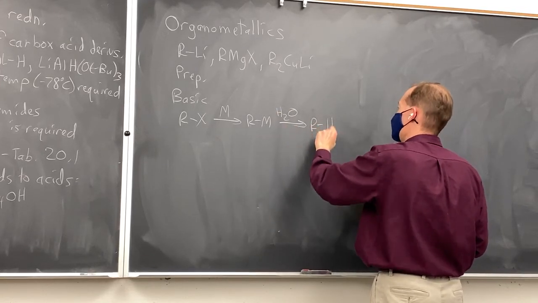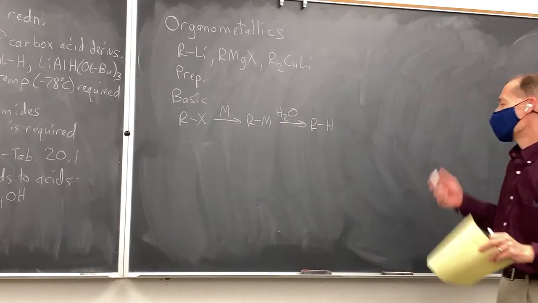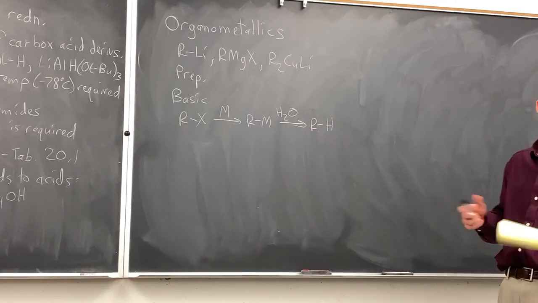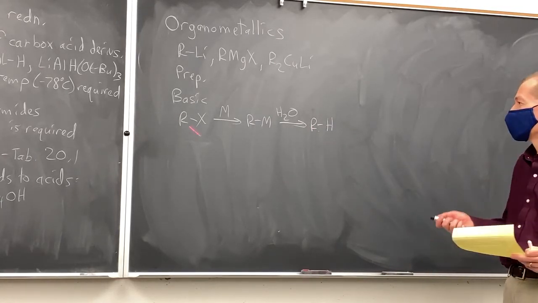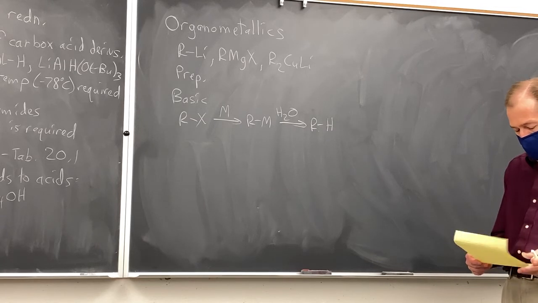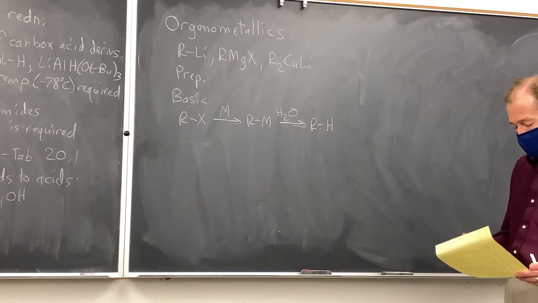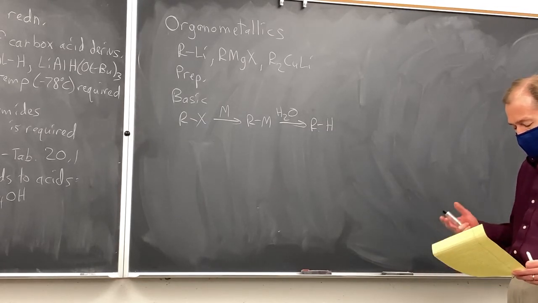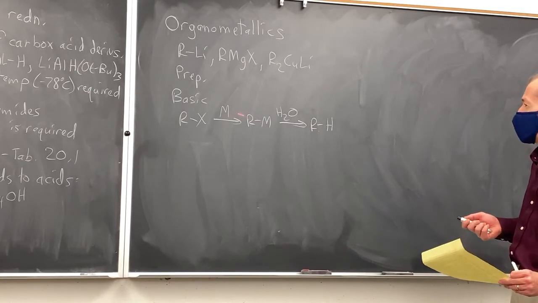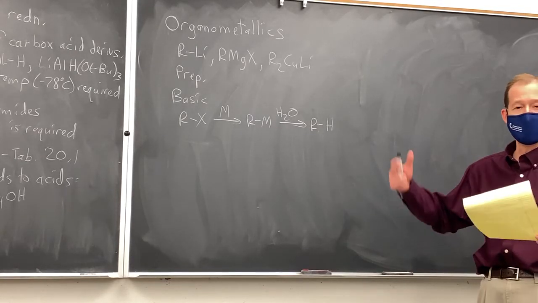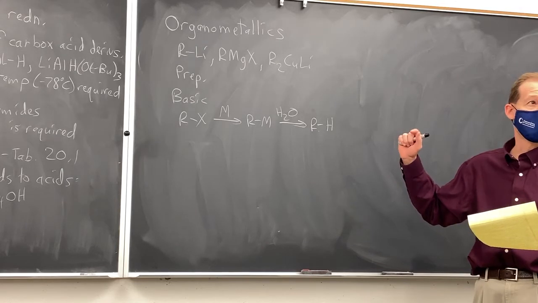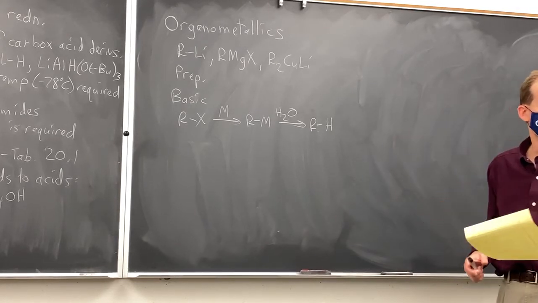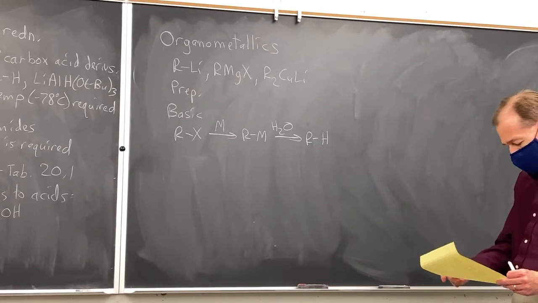It will deprotonate water. So that's how we can make an alkane from an alkyl halide. If we need to reduce an alkyl halide, that's one case in which the basicity of that reagent is useful, okay? But in cases where we don't want the basicity to interfere, that's where we need to use protecting groups, as we'll mention in a moment, okay?